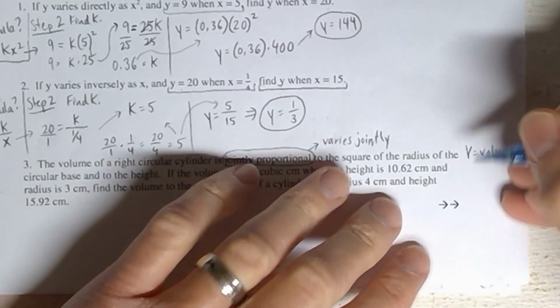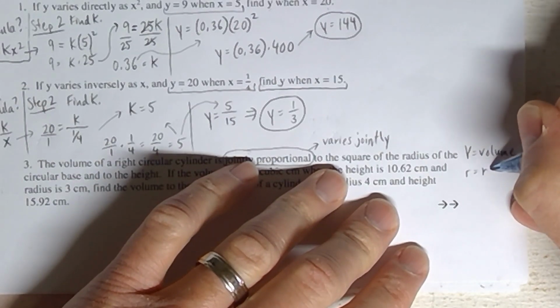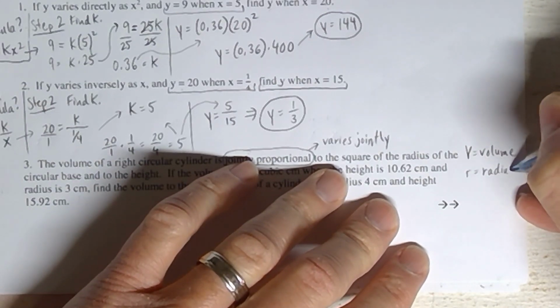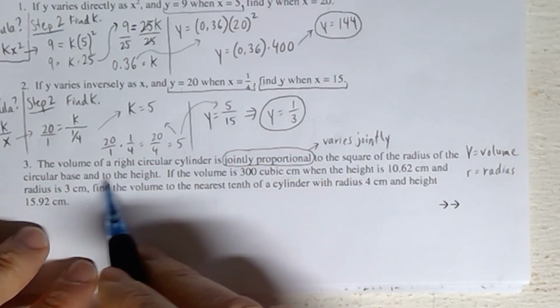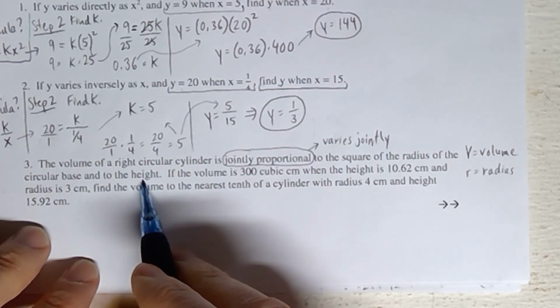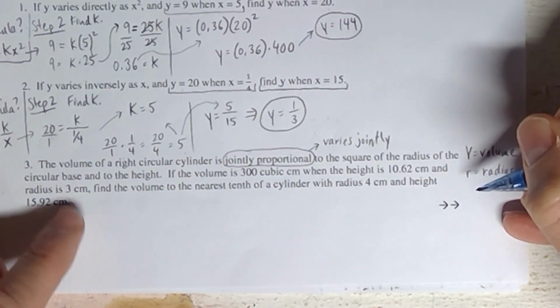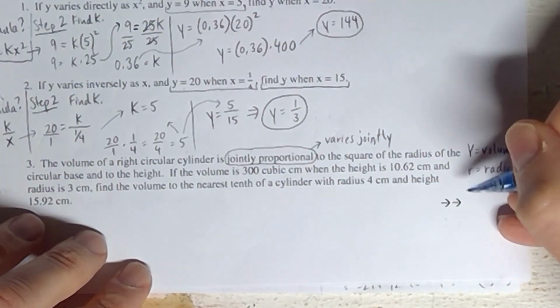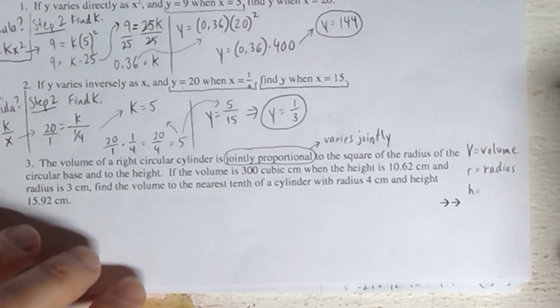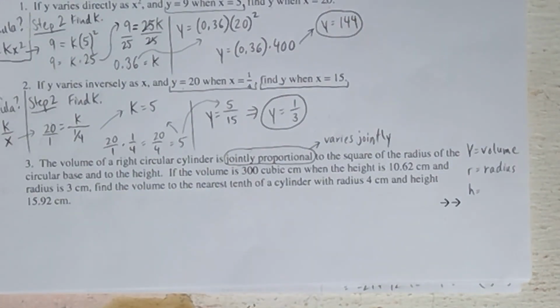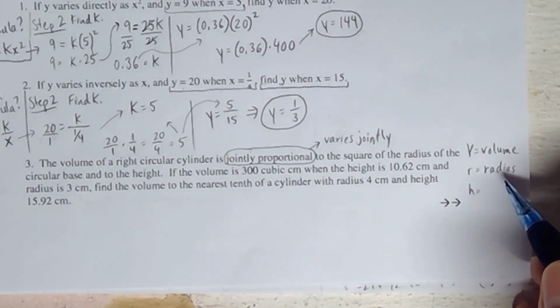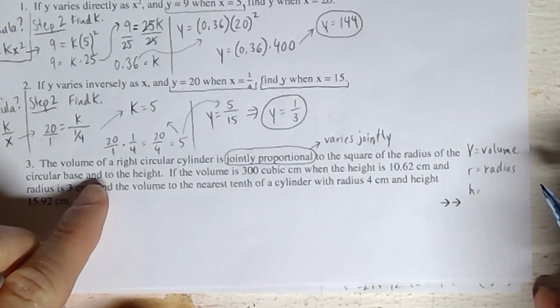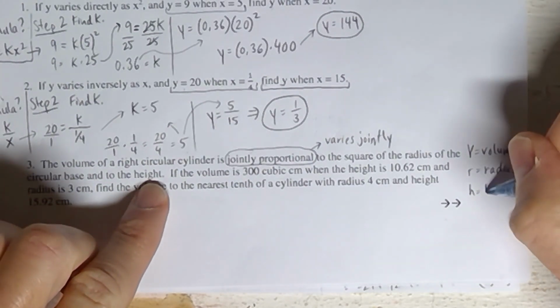The radius will be R. Again, natural choice there. R for radius. And then it also mentions the height. You don't need to do the circular base here because that's coming from the radius. It says the radius of the circular base, so you can just call that radius for short. But it does say and to the height, so the height is a separate thing there.